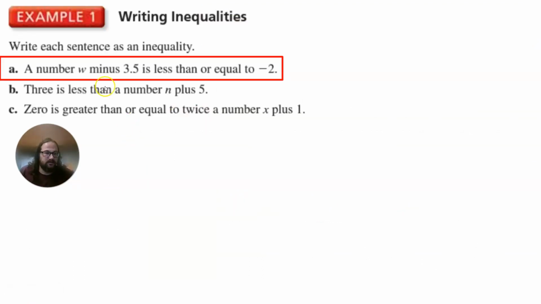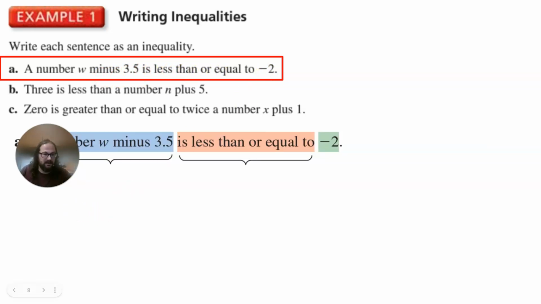All right, for our first example, write each sentence as an inequality. A: A number W minus 3.5 is less than or equal to negative 2. So let's take a look at this. A number W minus 3.5, so that's one side of the inequality, is less than or equal to, that's going to give us our inequality symbol, and then negative 2, that's what it's less than or equal to.